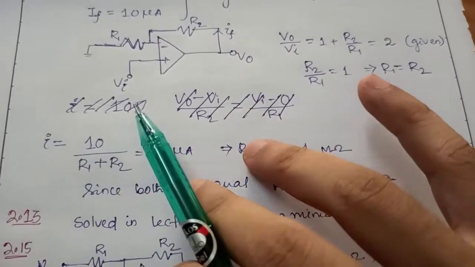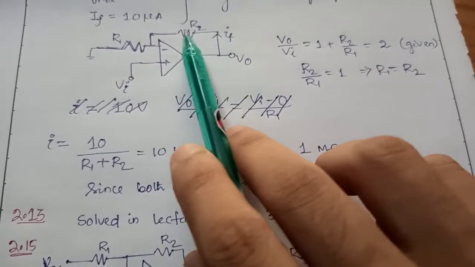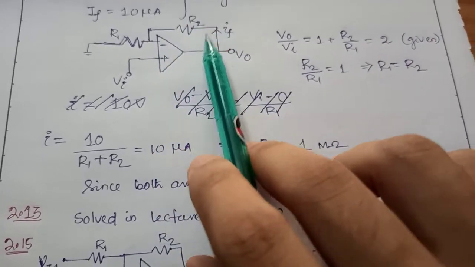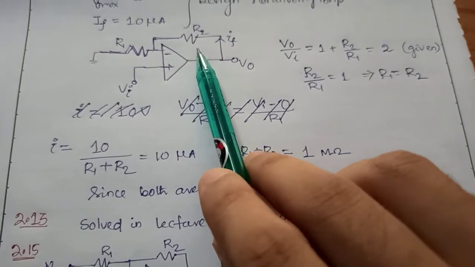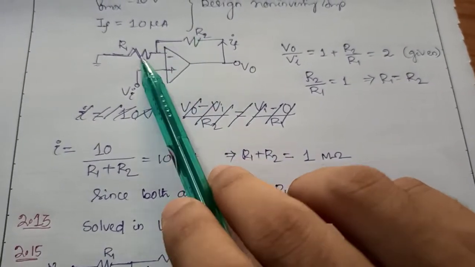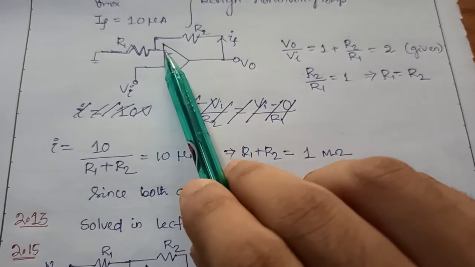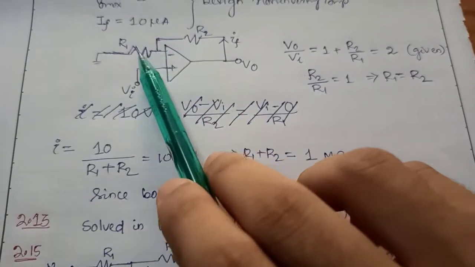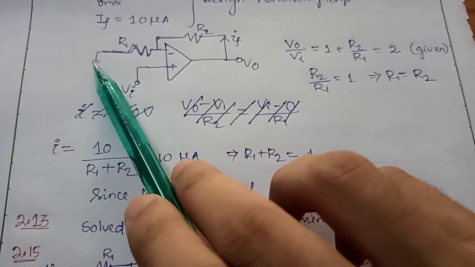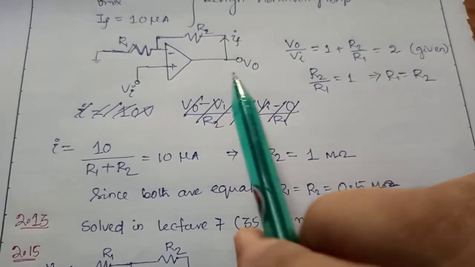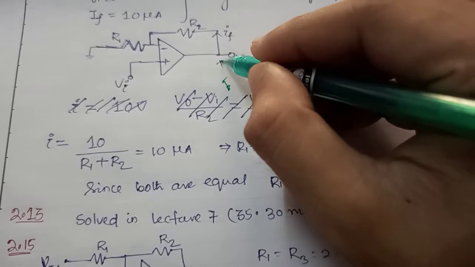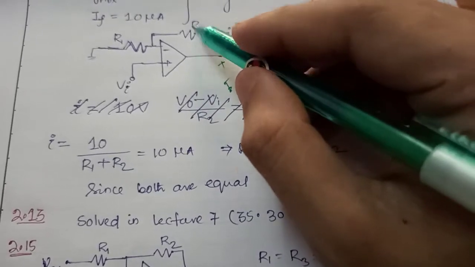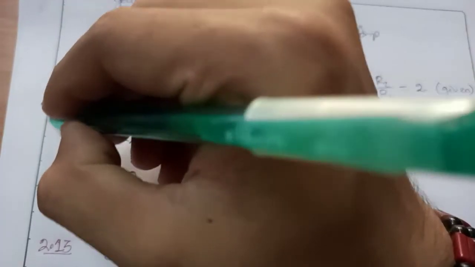And in the second part it is given that the current in this feedback, that is the voltage divider path, is 10 microampere. So what is the current? The current here is nothing but this voltage divided by the sum of these resistances, because the op-amp will not draw any current. So whatever current is flowing, that current will flow to the ground. It means this is the starting path, from positive voltage V0 through this resistor R2, then R1, to the ground.